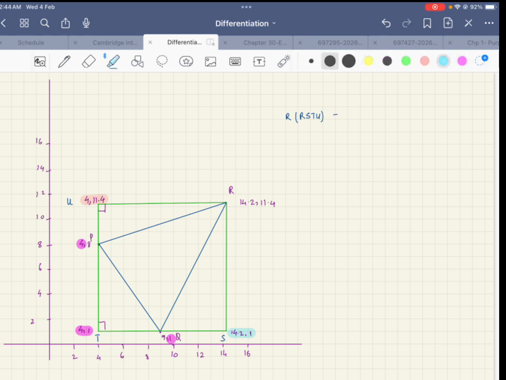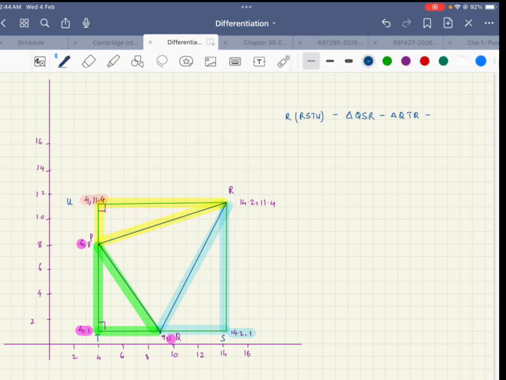I'm going to highlight the triangle in blue. Minus this triangle, which is QSR, minus another triangle which I am going to highlight in green, minus triangle QTP, minus another triangle which I am going to highlight in yellow. Triangle RUP.